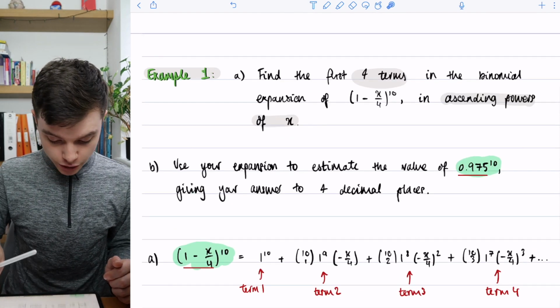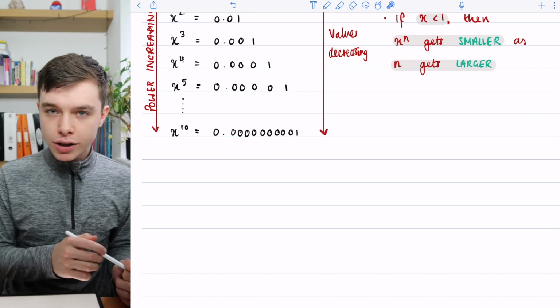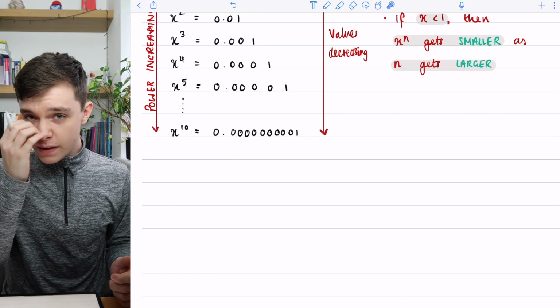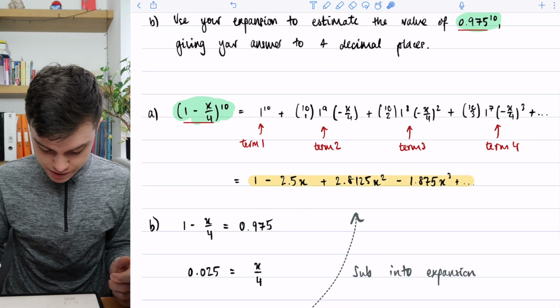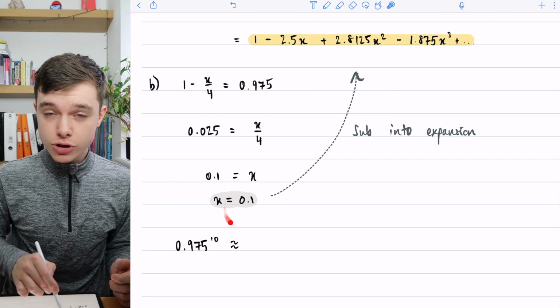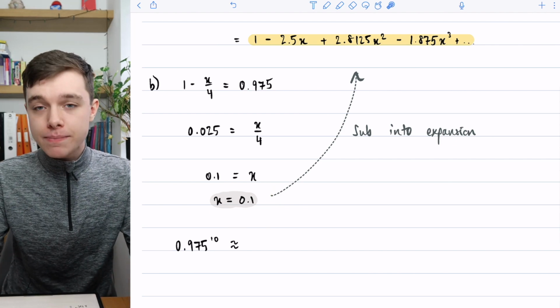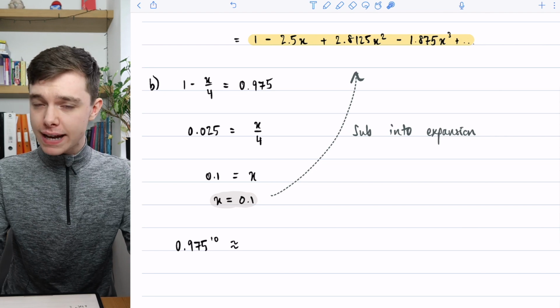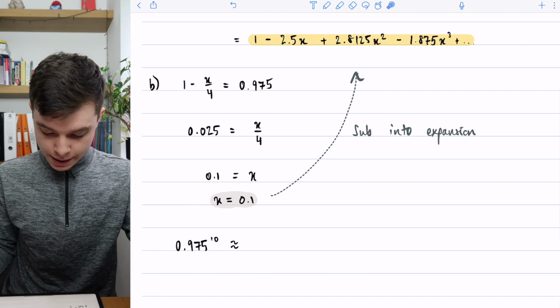And like I said when we were looking up here, this x to the 10 is not really that useful if we add it on. It's not going to make a massive difference. So as we get more and more terms, substituting x equals 0.1 in is not going to make a massive difference to our estimation. But we're just using the first 4 terms because we've been asked to do that in part A.